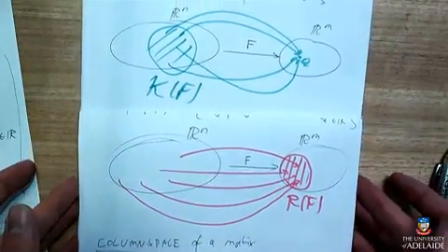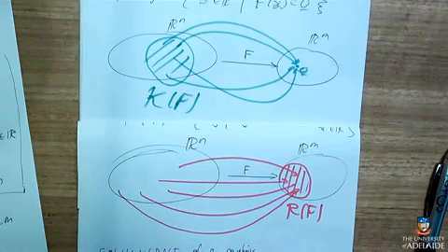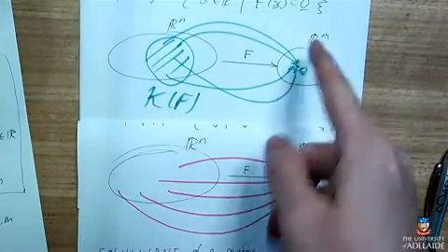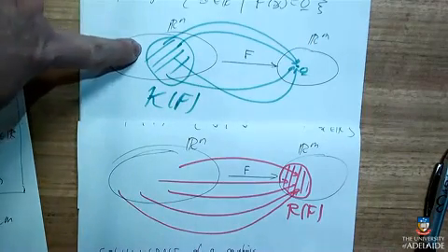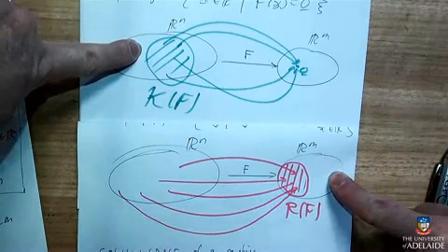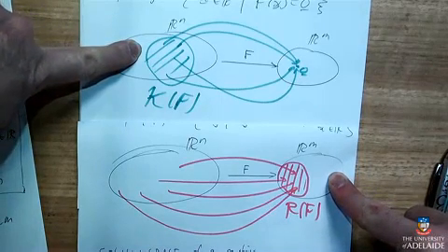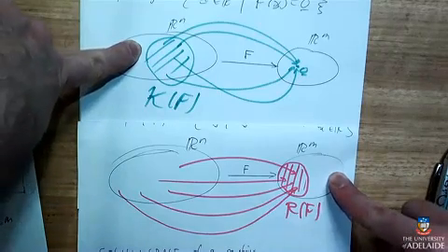These two pictures. An important thing that helped me focus when I was doing questions on this is to realize that when my linear transformation goes from here to here, the kernel lives in the start space and the range lives in the end space. And what that usually means is the kernel is made of vectors with a different number of coordinates to the things in the range.